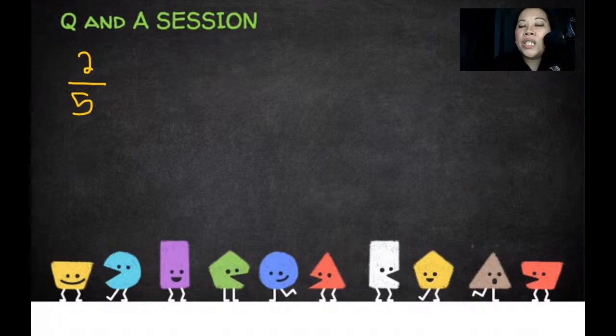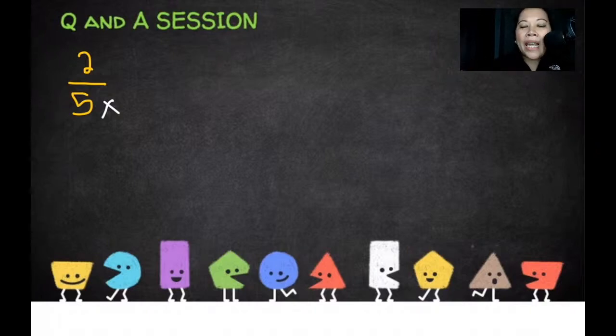Remember that percentages are per 100. So what do you need to multiply 5 by to make it 100? Anyone?